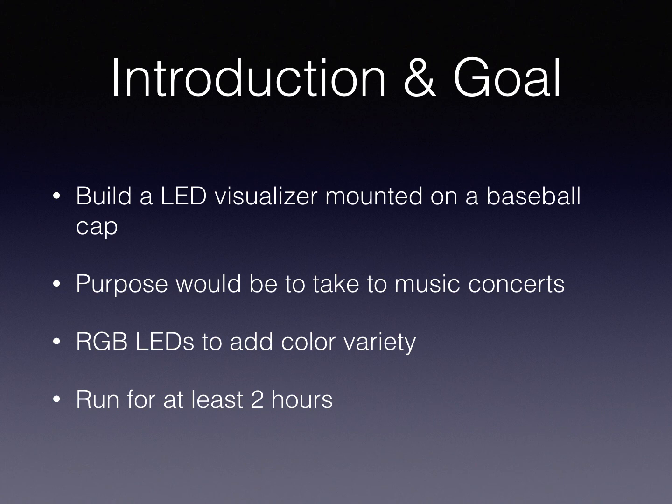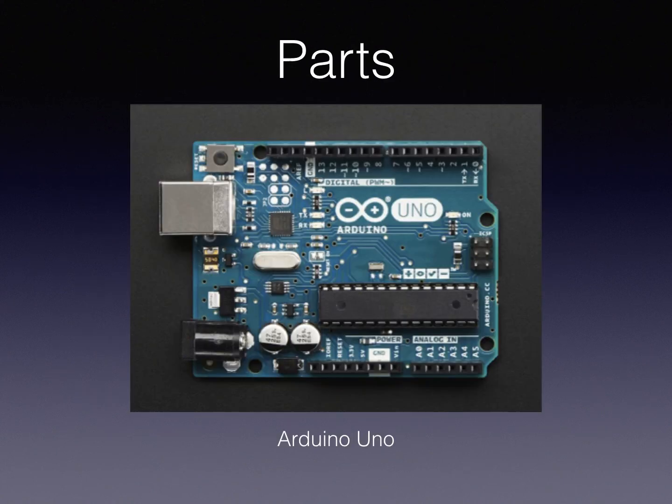So when I first started, I knew I had to assemble my parts. The main component of the whole design is the microcontroller. I decided to use an Arduino Uno, primarily because I already owned one, and I knew that it would be small enough to fit on the bill of a baseball cap, and since I already owned it, it would be cheap, but also because it would do everything that I needed it to do for this project.